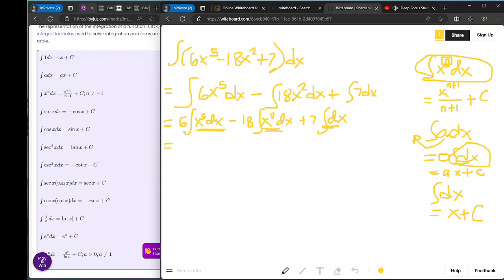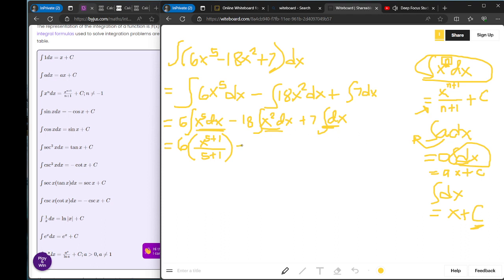Let's move to the next one. So this will become 6 times x. We just add 1 to the exponent and divide by the n, which is 5, plus 1. Supposedly we put c, but let's put c in the last portion after we integrate all of these.